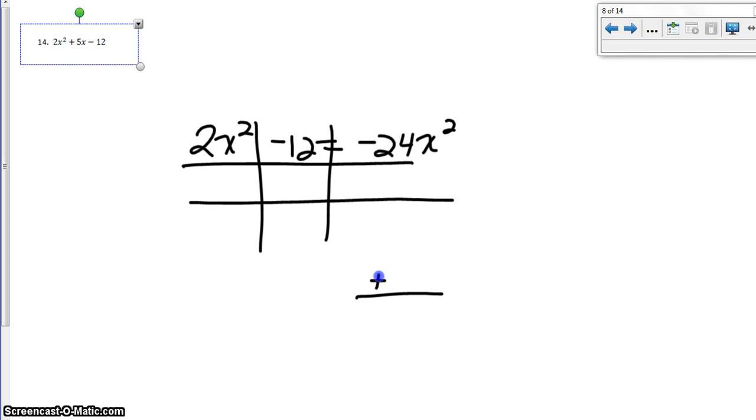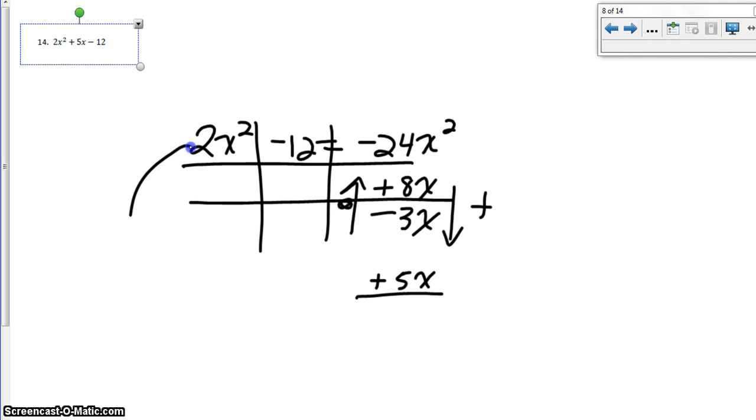Second term, positive 5x. What are the factors of negative 24x squared that when multiplied together give you that, but when added together give you this? Well, it would be positive 8x, negative 3x. Greatest common factor of negative 3x and 2x squared is x. Now let's just play tic-tac-toe.